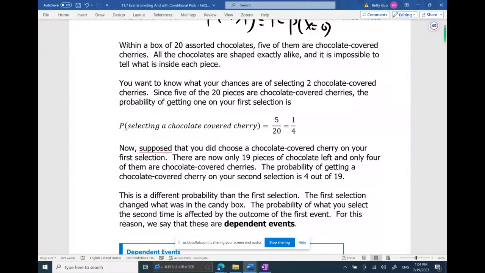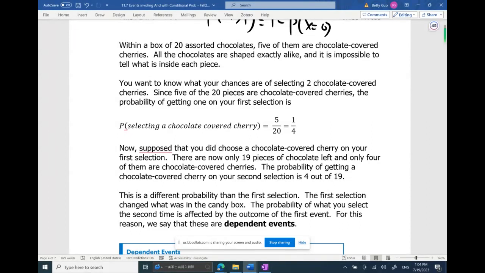Now suppose that you did choose a cherry flavor on your first try. There are now only 19 pieces of chocolate left, and only 4 of them are cherry flavored. So the probability of getting the second cherry flavor would be 4 over 19.